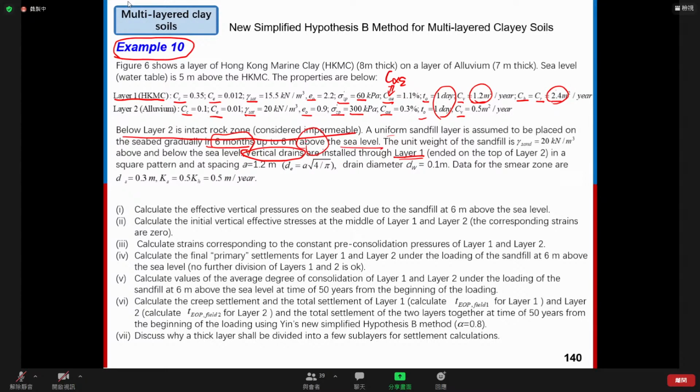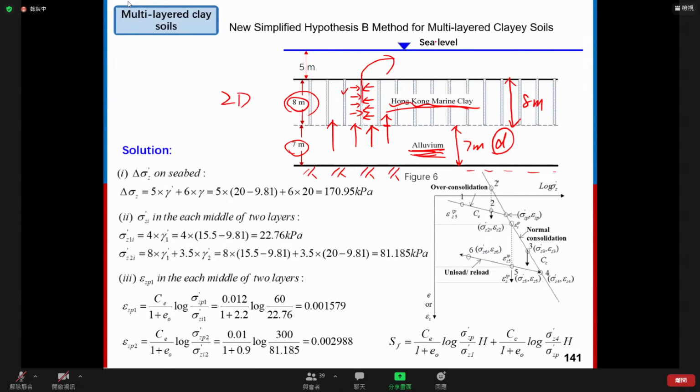And the target height of the sand fill layer is 6 meters above the sea level, which means the total height of this sand fill will be 5 plus 6, in total 11 meters. This is the thickness of the sand fill layer.